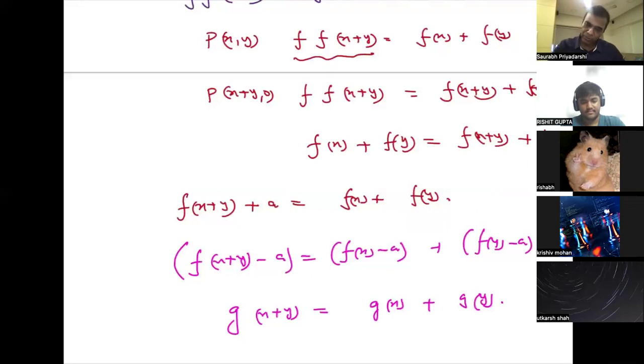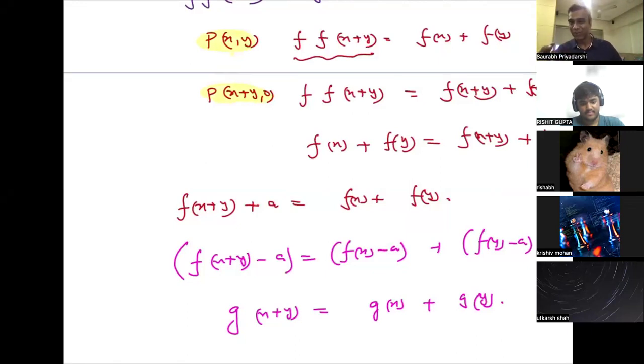You just have to go through only these two things. First, I have taken x in place of x and y in place of y. But second, I have taken x plus y in place of x and 0 in place of y. Just try them, right?